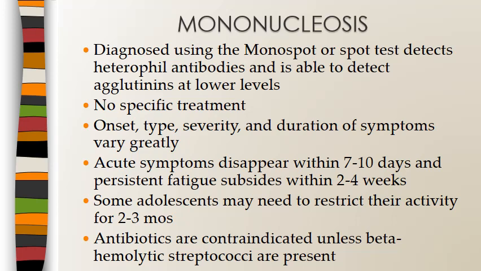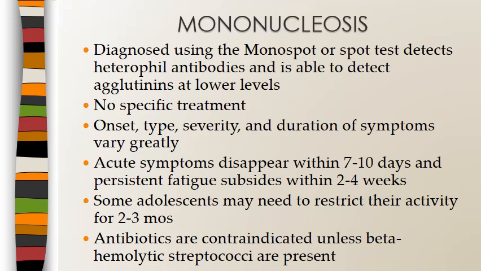There is no specific treatment, and the onset, type, severity, and duration of the symptoms vary greatly from child to child. Some children can have acute symptoms that disappear within 7 to 10 days, and sometimes we can see the fatigue be persistent and not subside until about 2 to 4 weeks.